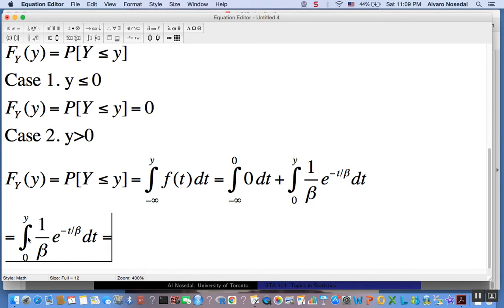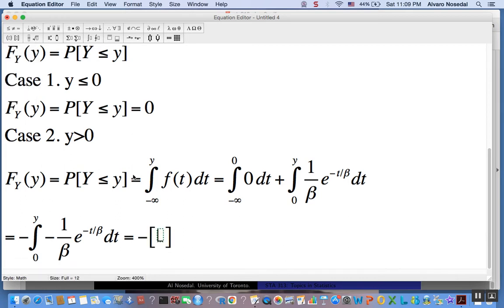So I'm just multiplying by negative 1 times negative 1, that's just 1, and we can clearly see that the integral we want is negative e to the negative t divided by beta, evaluated at 0 and y.